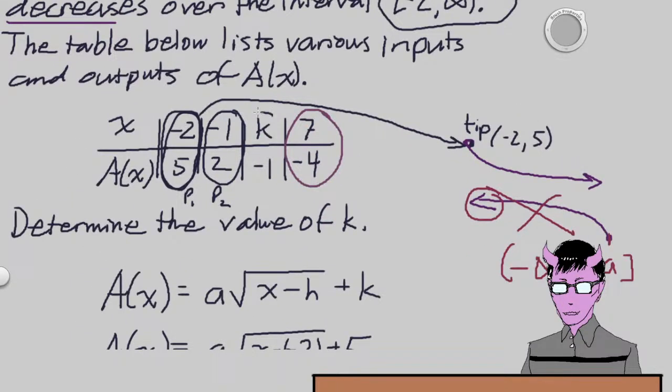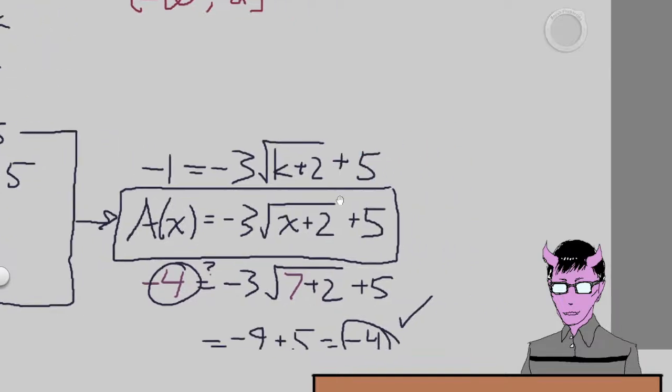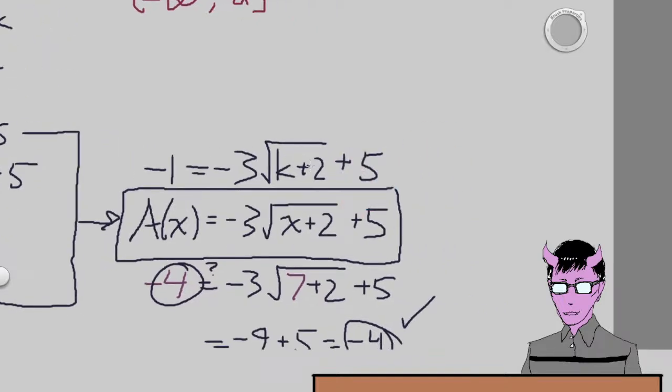So now we can just plug this in. We can solve for k. If k is the input, then negative 1 is the output. And now it just comes to the task of solving for k. So minus 5, minus 5.